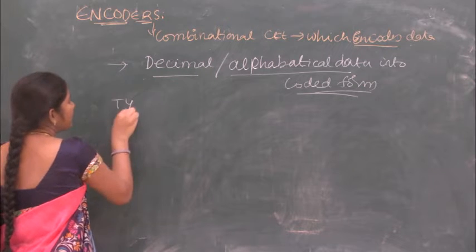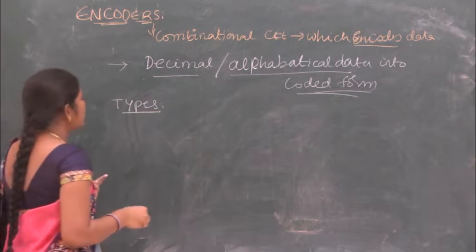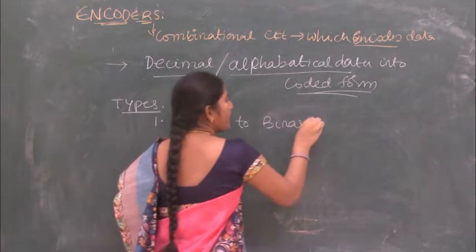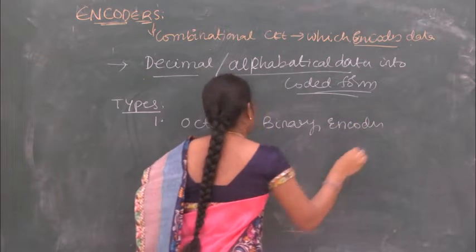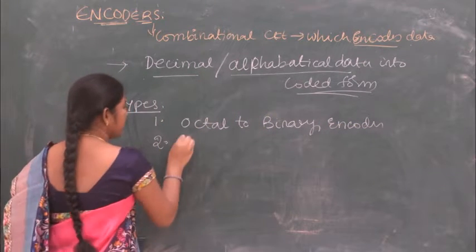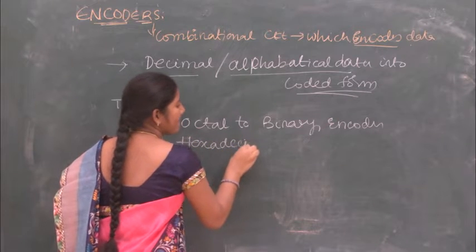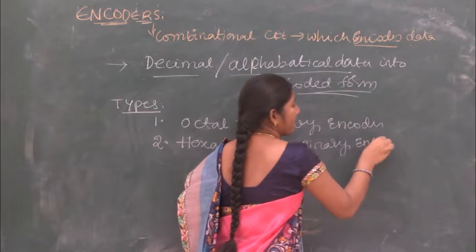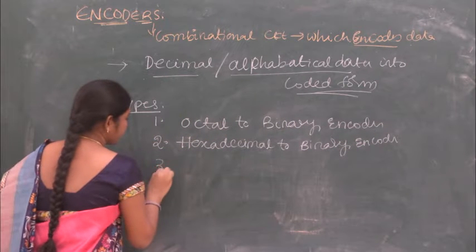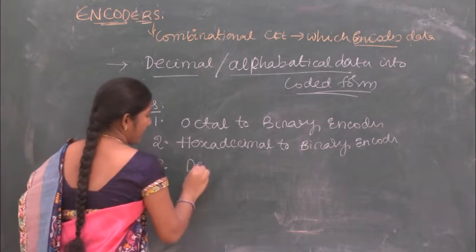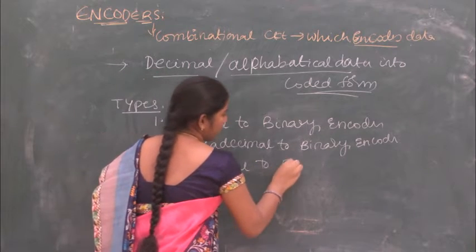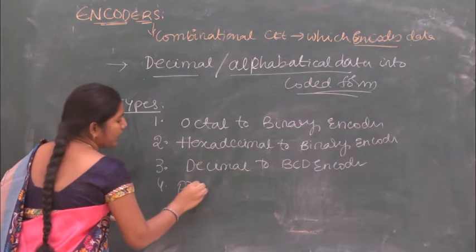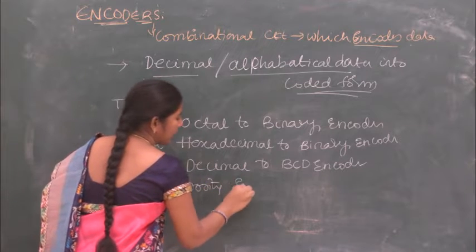There are different types of encoders. The first one is octal to binary encoder, and then hexadecimal to binary encoder, decimal to BCD encoder, and the fourth one is priority encoder.